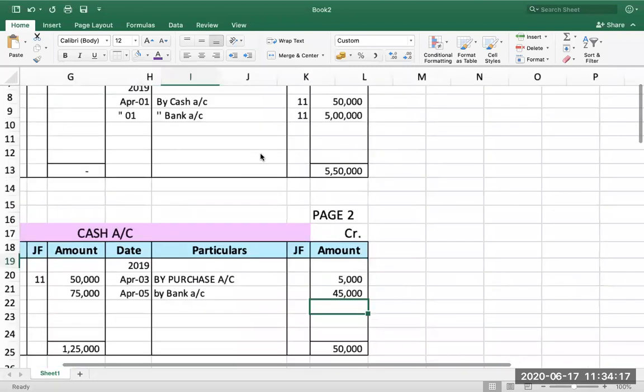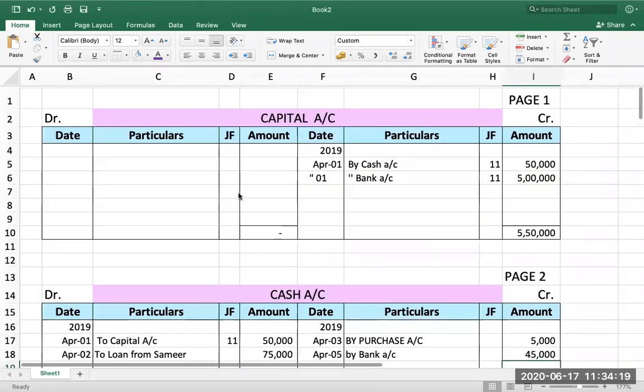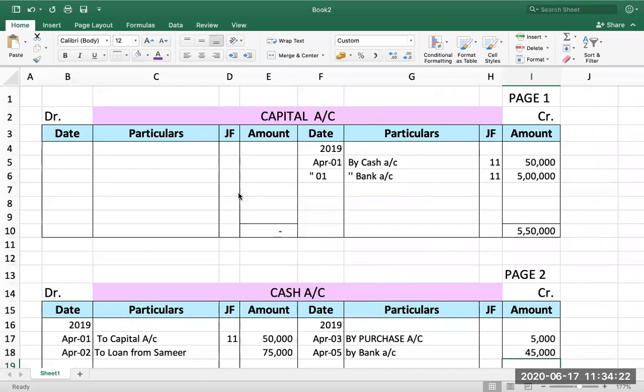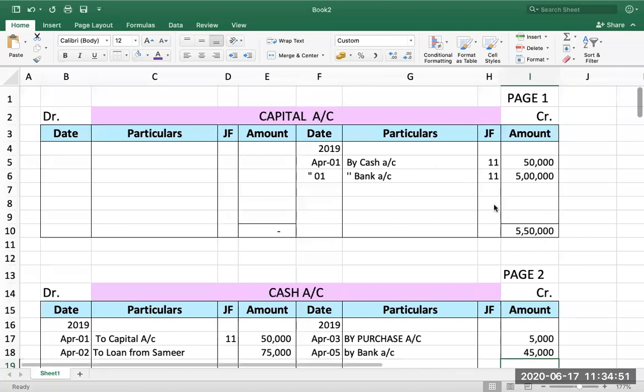How do we do that? It is called balancing off, done at the month end. At the month end, we check what is the total on each side and what is the balance. Balance means whatever amount is in this account, on which side it is written. Step number 1: make the total of the debit side and the total of the credit side. Here, unfortunately, there is only one side, but otherwise this is the procedure.